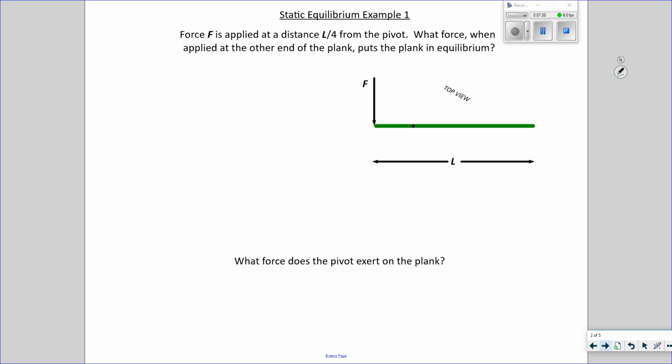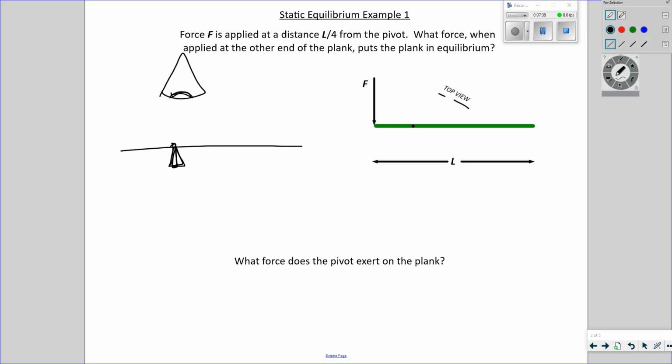And here, imagine we've got this green rod that's held up by a support, or maybe an axle that goes through it like that, but we're looking from the top, top view, okay? So that means there is a gravitational force acting on this rod that points in a direction into the screen.